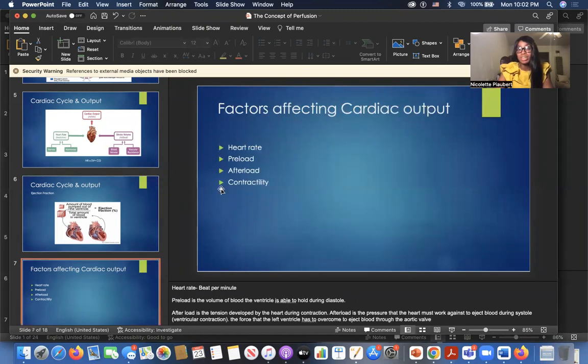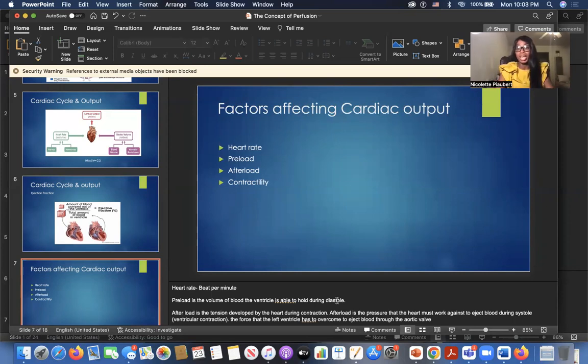Also remember the definitions of preload, afterload, and contractility, and we also mentioned the heart rate, but especially preload and afterload, right? Preload is the volume of blood that the ventricle is able to hold during diastole. Diastole is when the heart is relaxing and the blood is filling the atria or the ventricles.